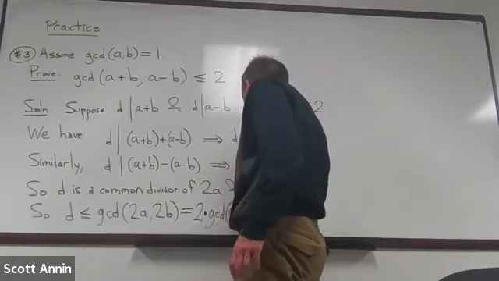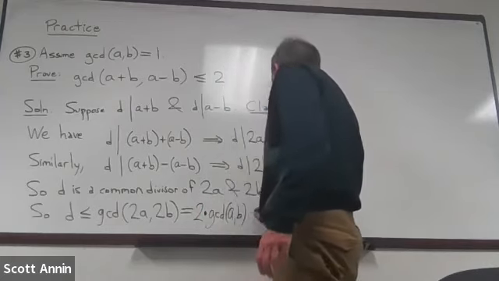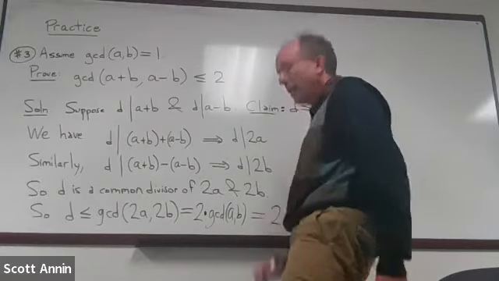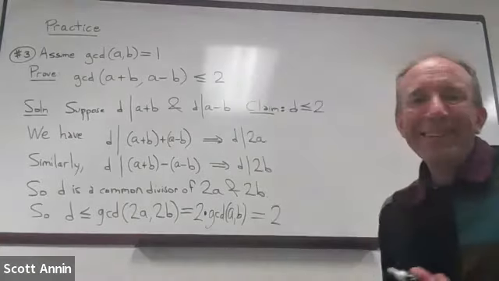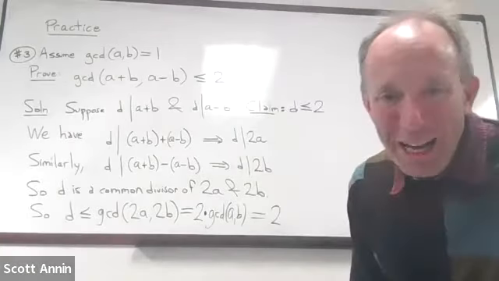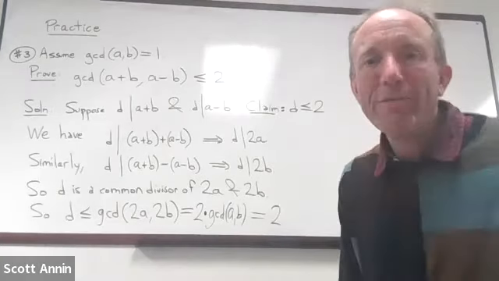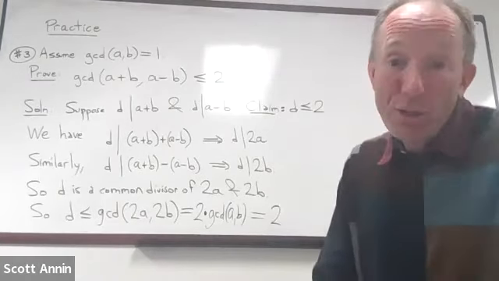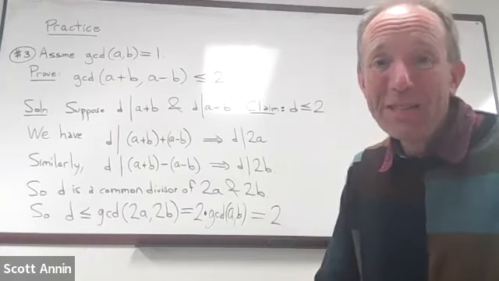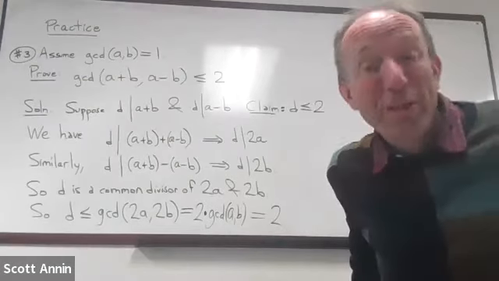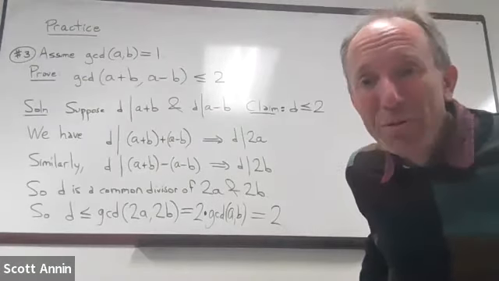So we could actually just write it like this. And we get the conclusion almost immediately now. If A and B are relatively prime, then 2A and 2B have only one common divisor greater than 1, which is 2 itself. And so we've proven our claim, hopefully it's convincing. D is less than or equal to 2.